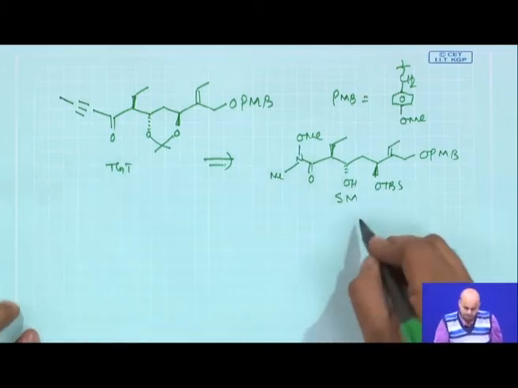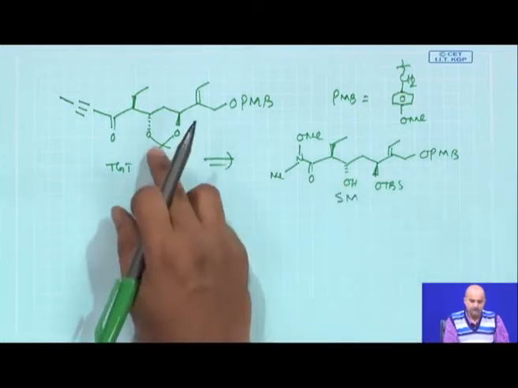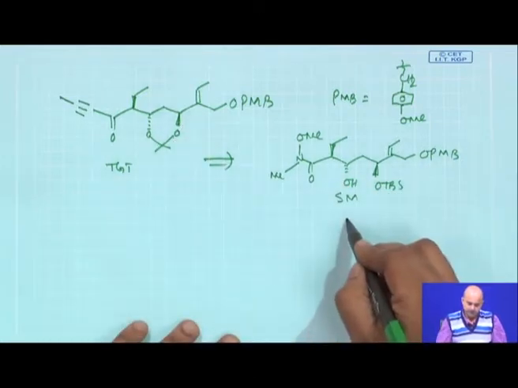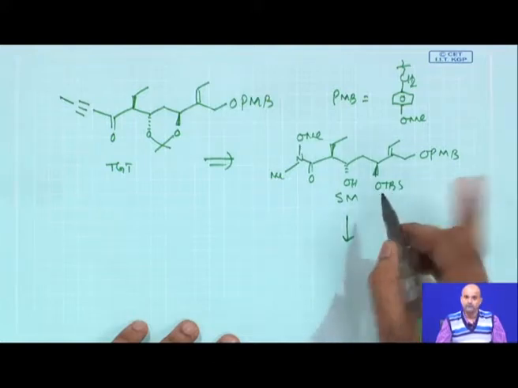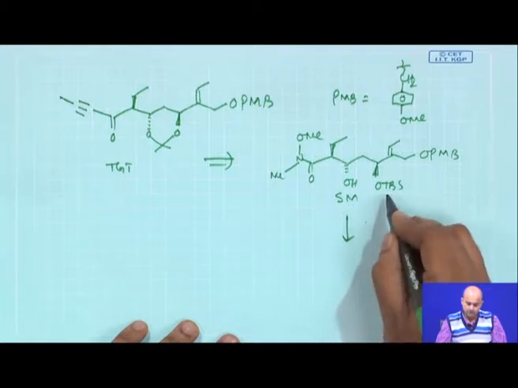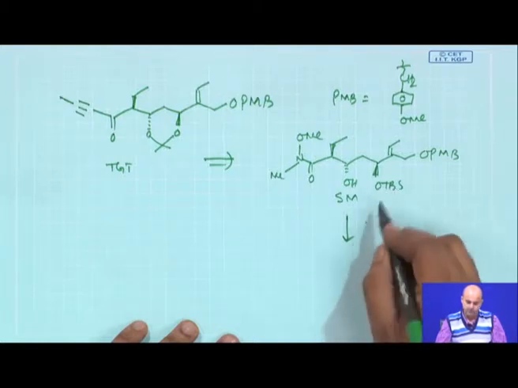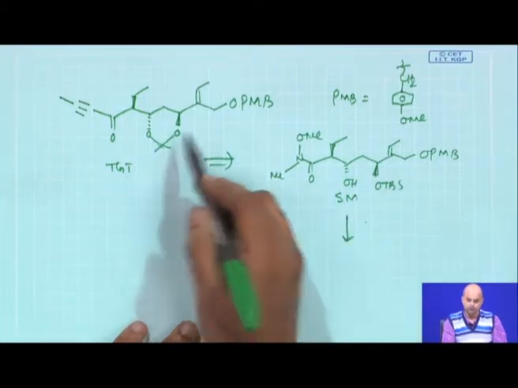So, what do you do? You need to protect this diol as an acetonide. Usually in reality, what was done? This is a TBS, TBS means a silyl containing protecting group. First you need to remove it so that it becomes a free OH, then you protect it with acetonide.